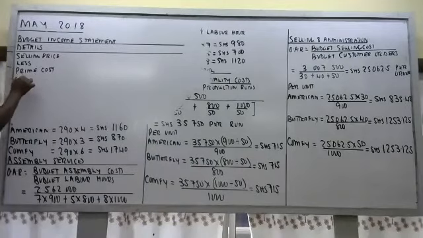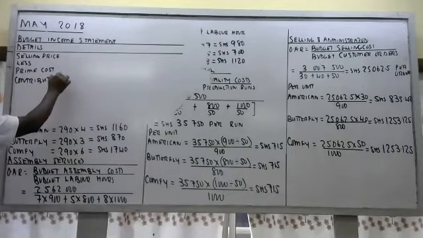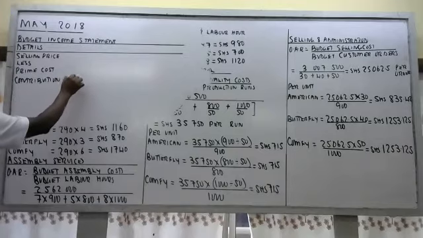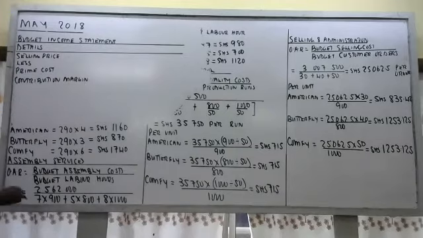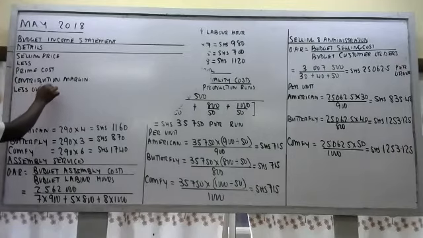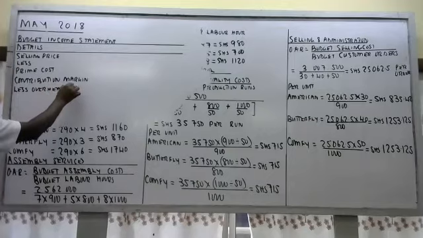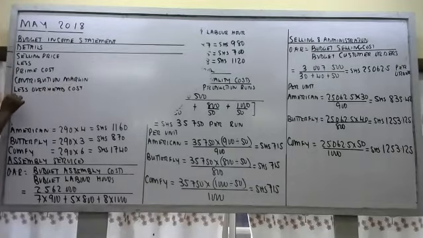You get contribution margin. Then you say less overhead costs. Now these overhead costs, we have processing.